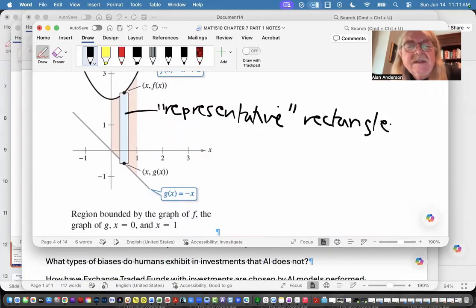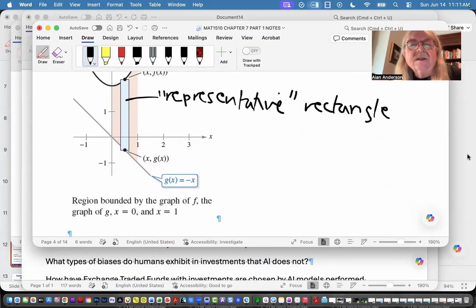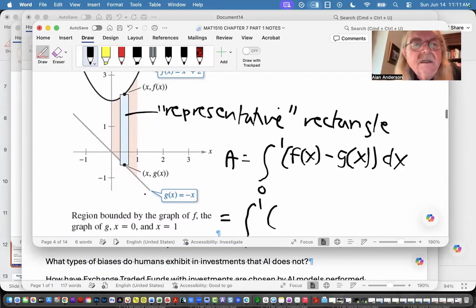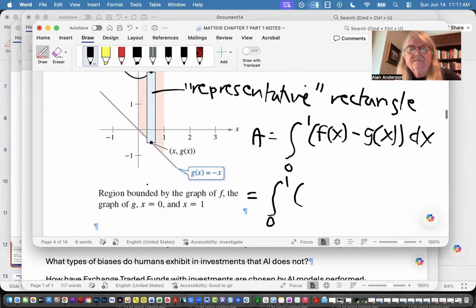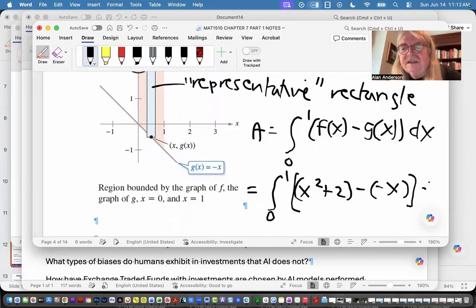or subinterval. Okay, so that means we can go ahead and find this area as the integral from 0 to 1 of f of x minus g of x, which means x squared plus 2 minus x, all of that multiplied by dx.